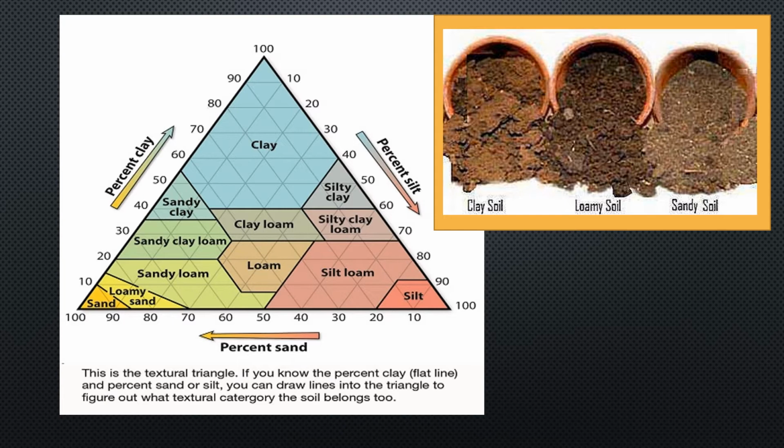So here's a scale that shows basically our percent clay, percent sand, percent silt, and probably the best soil for most plants is right here in the middle, this clay loam or just loam. And so that is a mixture of a whole bunch of different particle sizes, and that is healthy for most plants.